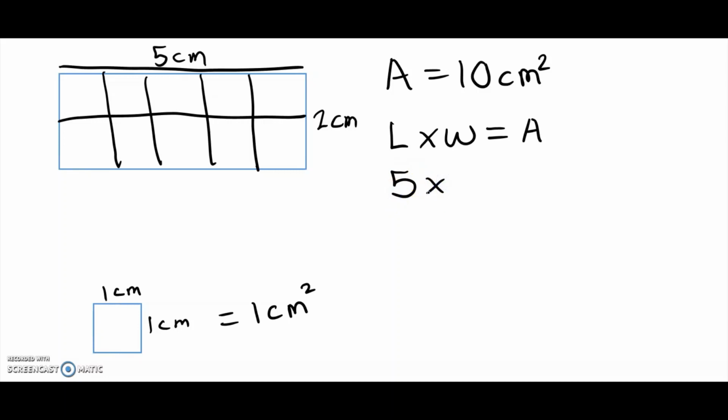And then our width of the rectangle is this side length, and that is going to be 2 centimeters. 5 times 2 is 10, and we are working in centimeters. And we have said that there it is area. So our area of that rectangle ends up being 10 centimeters squared.